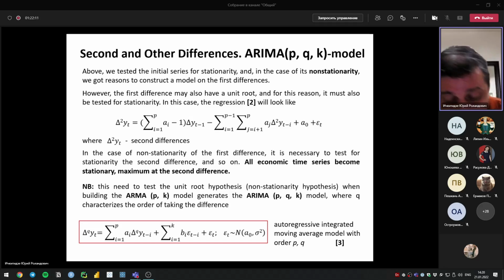If d equals 2, then the ARMA model is built on the second differences. But these are in fact some generalizations. So the R function that allows us to build this model is actually not called an ARMA function, but an ARIMA function. And there you can specify this order of taking the difference to build a model.